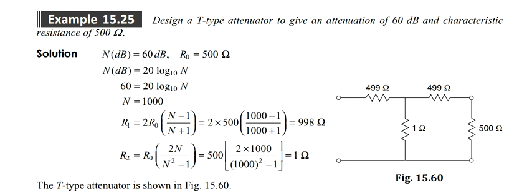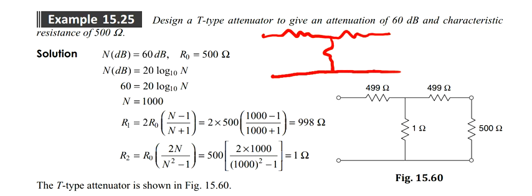If you see here, for the T-type network, which is like this, where this resistor is R1 by 2 and this is also R1 by 2 and this is R2, fine, it is not a problem.